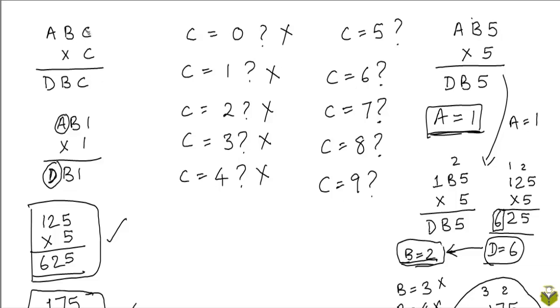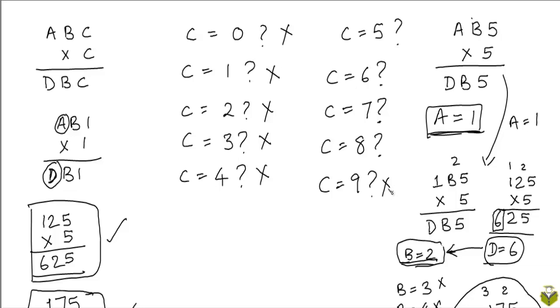Well, 9 times 9 would be 81, and we would write 81 by putting a 1 in the units place over here, which is contrary to the position that C is equal to 9. C cannot be a 9 in these two places and a 1 in this place. So this is also not consistent.